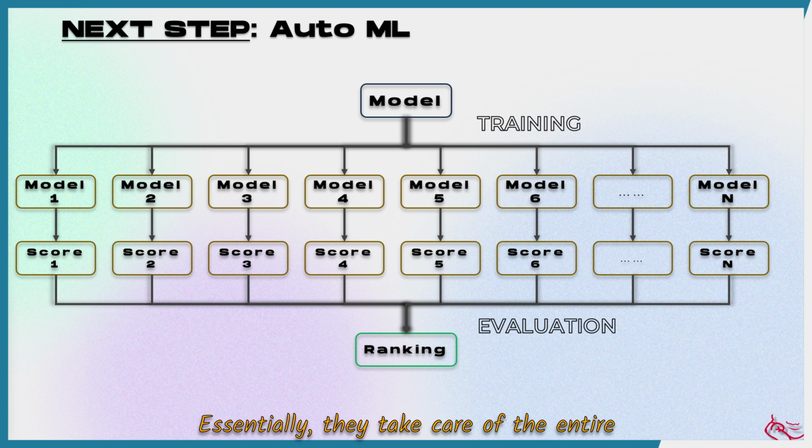Essentially, they take care of the entire machine learning process. All you need to do is provide them with your dataset and they will suggest the best performing model, which will be fine-tuned and ready for use in production. They rank the models on accuracy and you can choose the one that best suits your need.